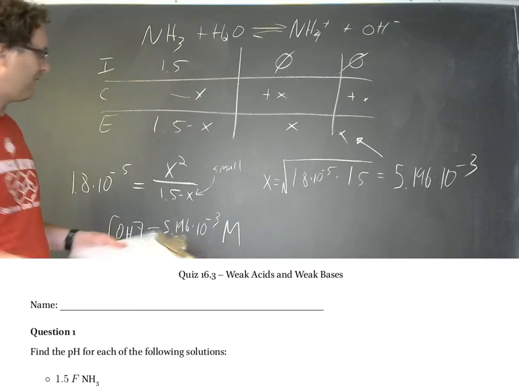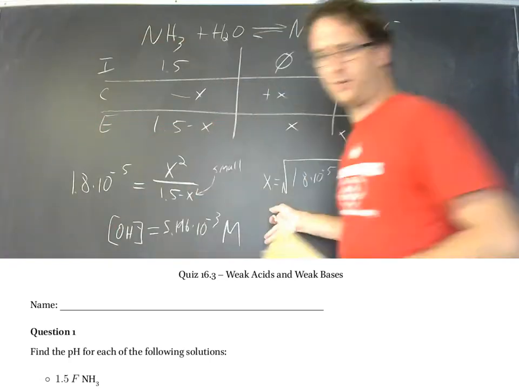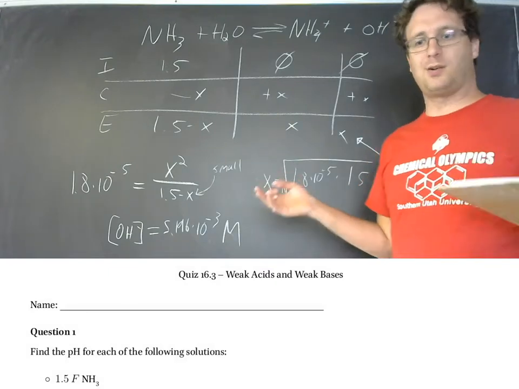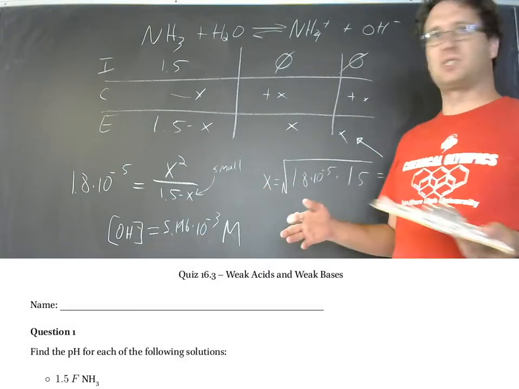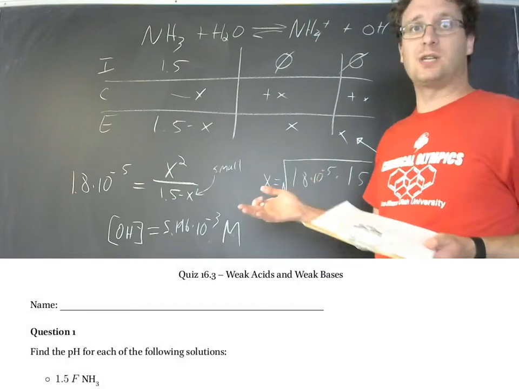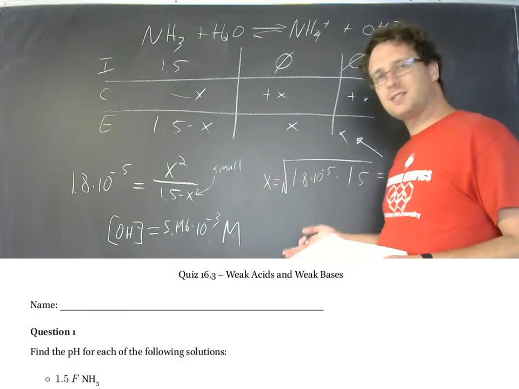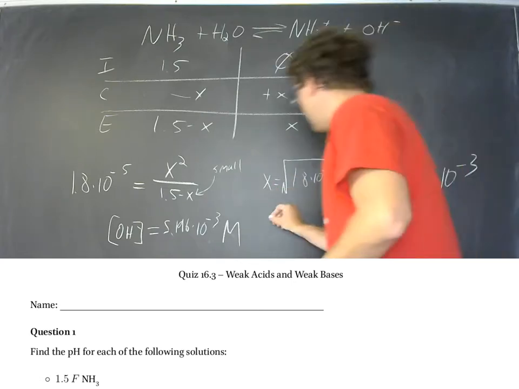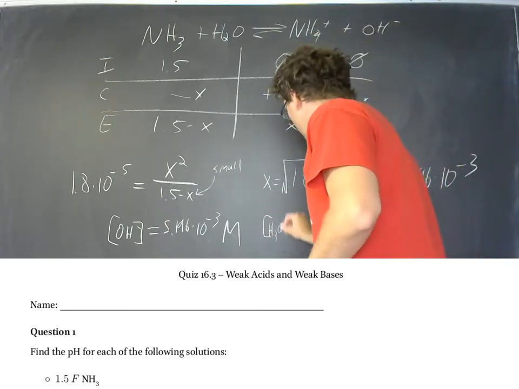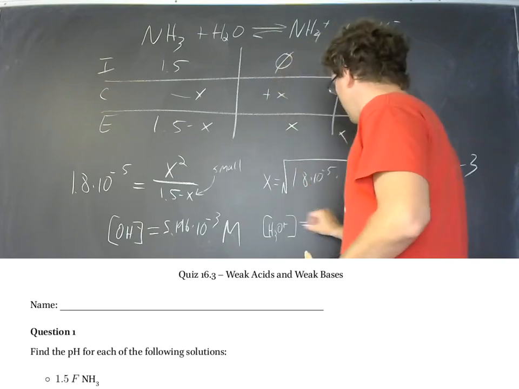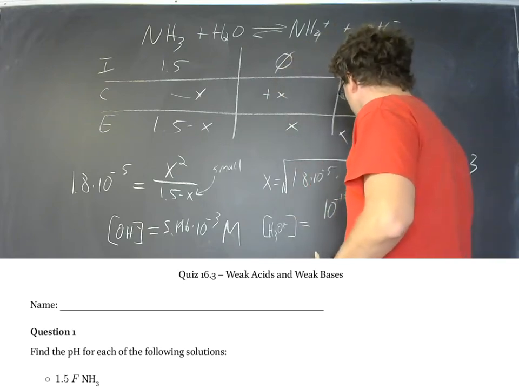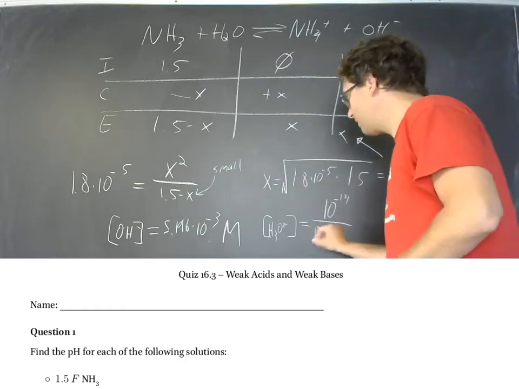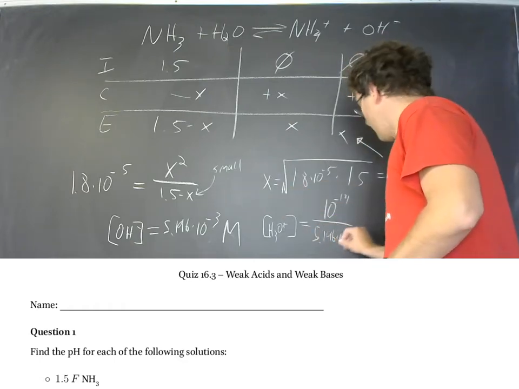Now if we want to find the pH, there are a number of different ways to do this. I showed you in the lecture what I think is a neat, quick way to combine some steps where we say pH is equal to 14 plus the base 10 log of this. But I'll just solve it a little bit more traditionally here. So we have H3O plus concentration is going to equal 10 to the negative 14th, that's Kw, divided by the OH concentration, 5.196 times 10 to the negative third.